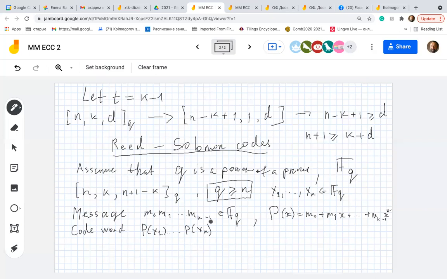And again, the message is considered as a degree k minus 1 polynomial, and the codeword corresponding to that message is the value of that polynomial at those fixed points. Otherwise, we will also call it the table of values of that polynomial.